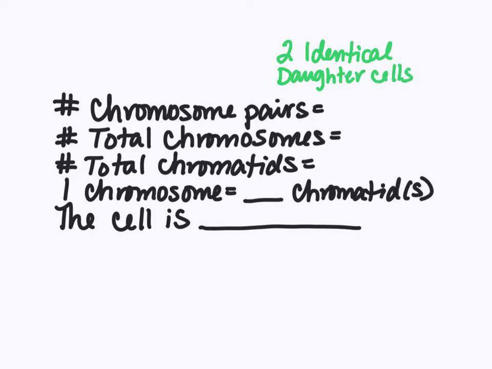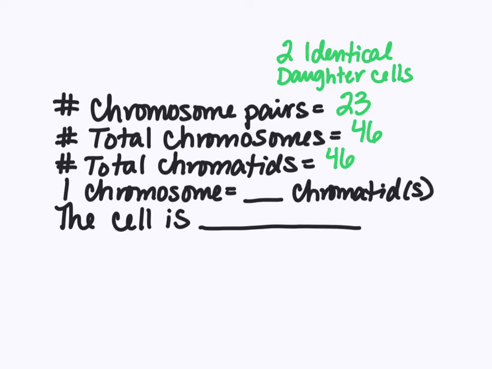And each cell has the following number of chromosome pairs, total chromosomes, chromatids, etc. Each one of these daughter cells is going to end up with 23 pairs of chromosomes, which equals 46 total chromosomes. So remember, pairs are 2, so we have 46 total chromosomes. Now, during mitosis, we split the number of chromatids in half, so each cell is going to end up with 46 total chromatids.